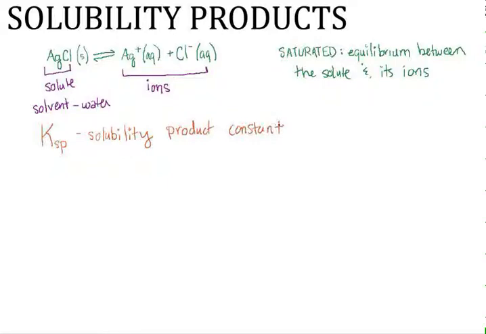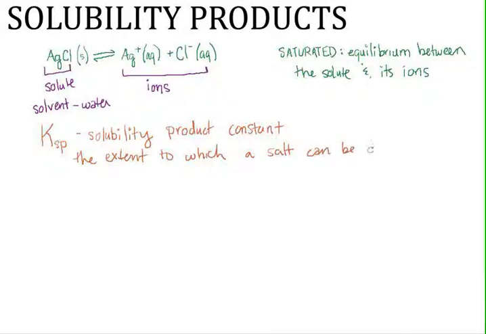And essentially what this is, right, all this is describing is the extent to which a salt can be dissolved in water, in H2O. Right? So this is usually an experimentally found value that you can look up online or whatever, right?